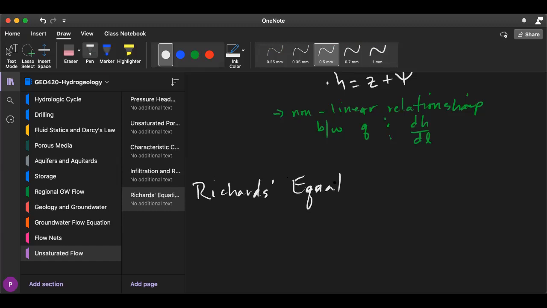The derivation method is exactly the same as deriving the confined aquifer groundwater flow equation. The only difference is where, when we talk about the fluxes in and out, instead of inserting saturated Darcy's law, we insert the unsaturated Darcy's law.